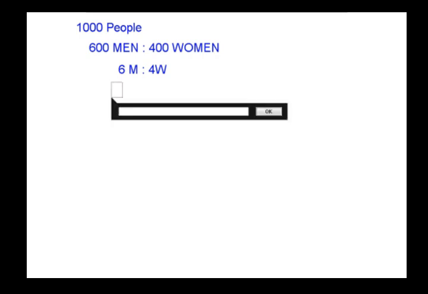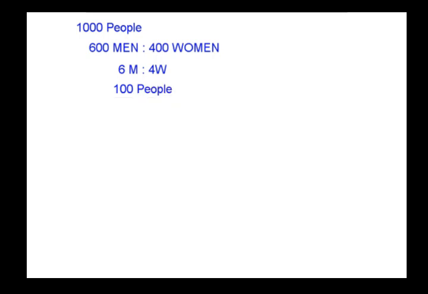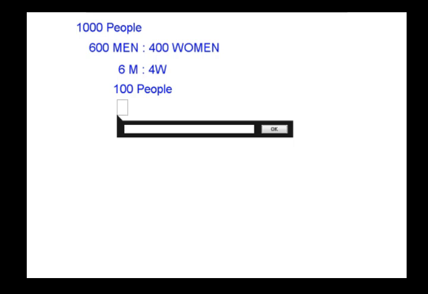Now, when I select a sample size of 100, even my sample of 100 has to have 60 men and 40 women. If I have a sample of 100 people under study, then my sample should have 60 men and 40 women.